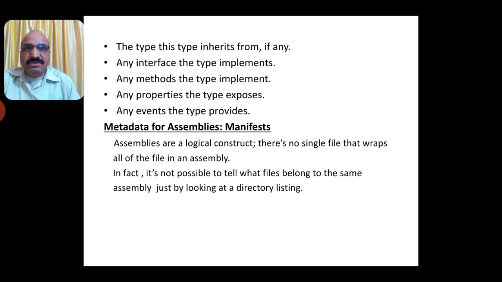It also contains the information about what type this type inherits from, any interface the type implements, any method the type implements, any properties the type exposes, and any event the type provides. So this information is contained in metadata.